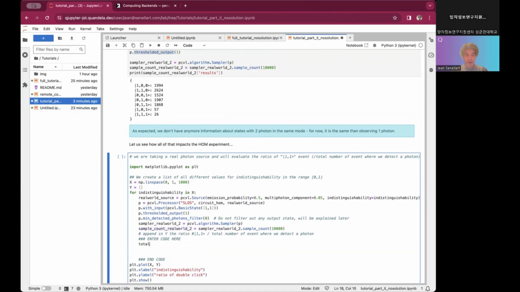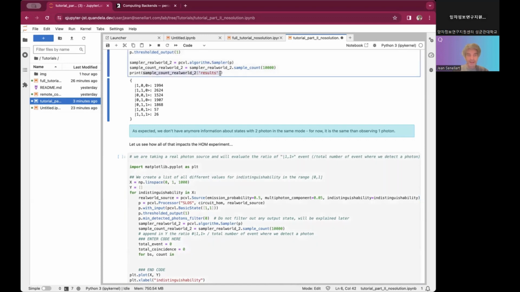Let us have some variables for the number of events: total events equals 0, total coincidence equals 0, and for the basic states and the counts, we iterate over results items.